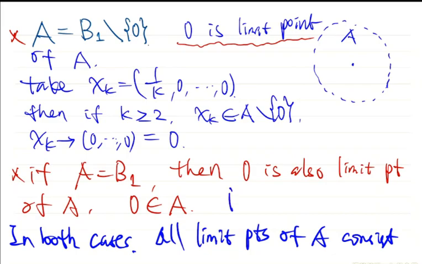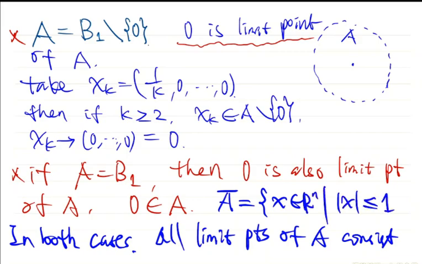How do we denote this set? We write it actually as all the points in Rn whose norm is not greater than 1. That is the ball, but with the boundary sphere.